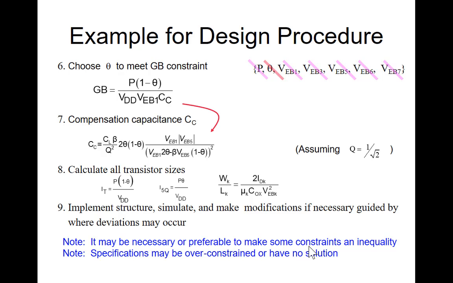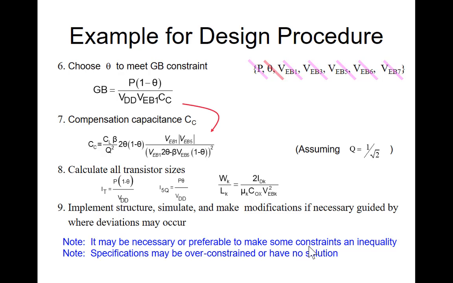And it's kind of a complicated expression, but I can solve it, either iterate to solve it or solve it with a computer to get theta. And I'm done. Then I calculate all transistor sizes. We saw how to do that earlier. And then implement the structure, simulate, and make modifications if necessary.